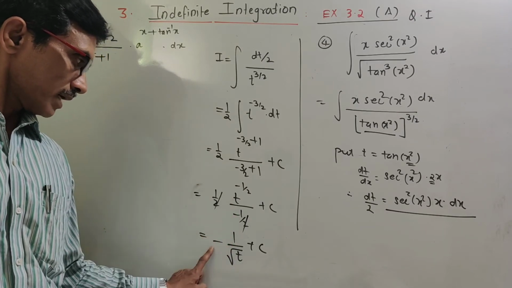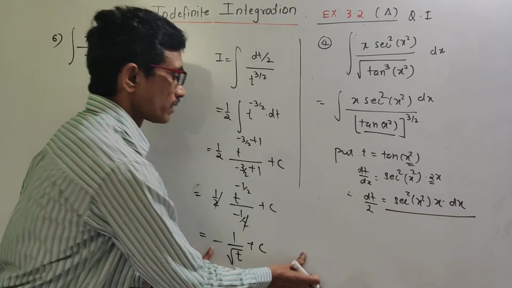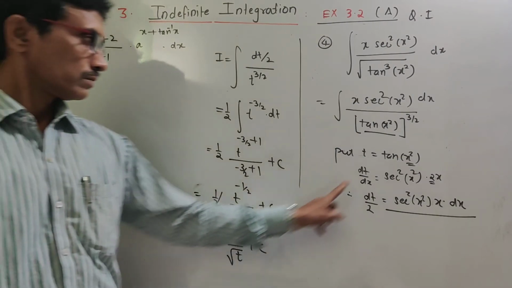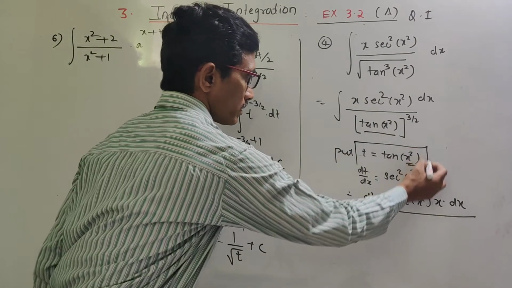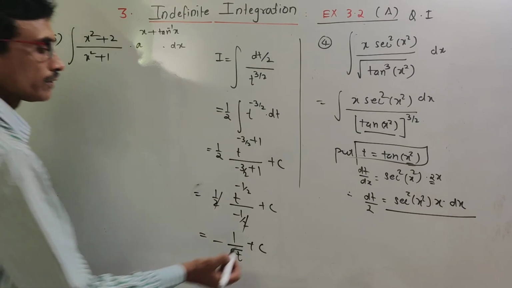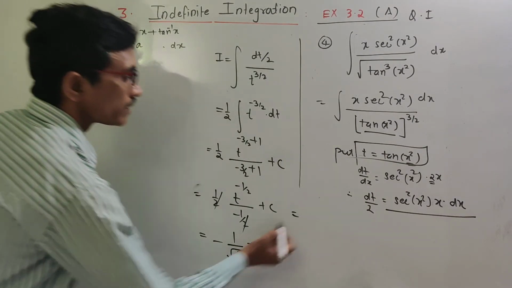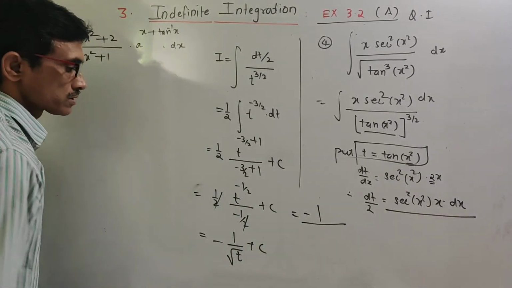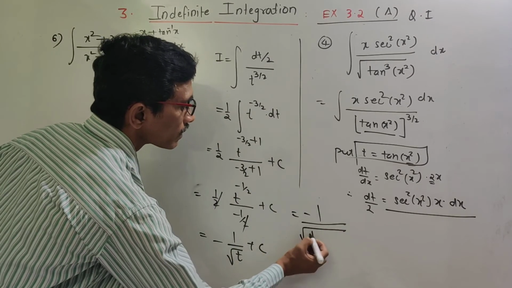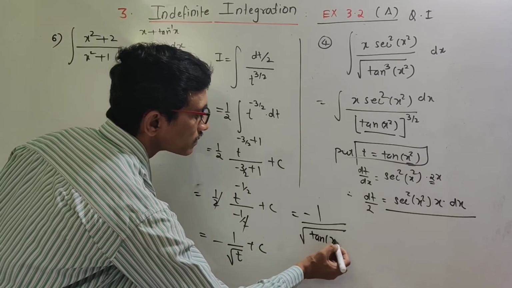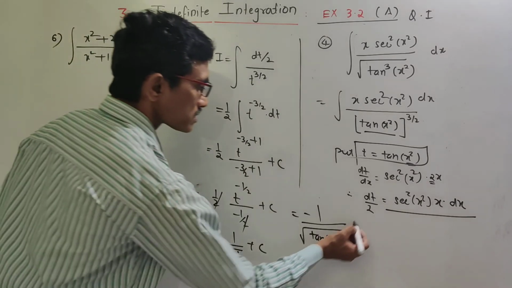The minus sign we have written here, and t is equal to tan of x square. So the answer will be equal to minus 1 upon square root of tan of x square plus c.